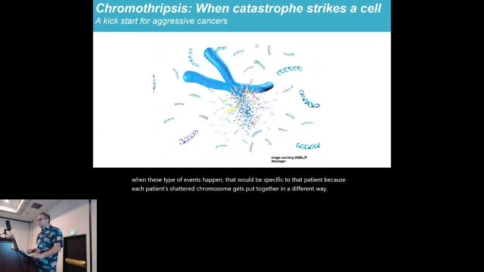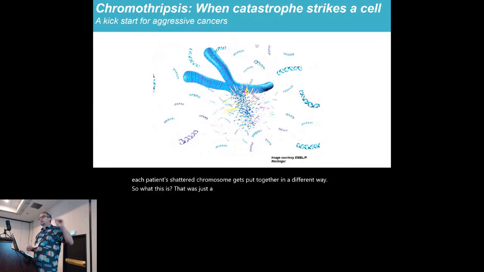That was just a model, and what it is relevant to in cancer is a concept called chromothripsis.